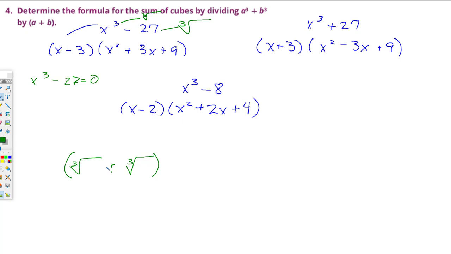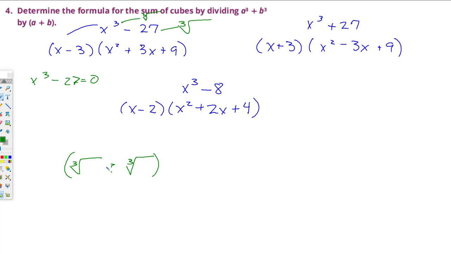Anybody see a connection of where I can pull that sign from? Look at your original problem.